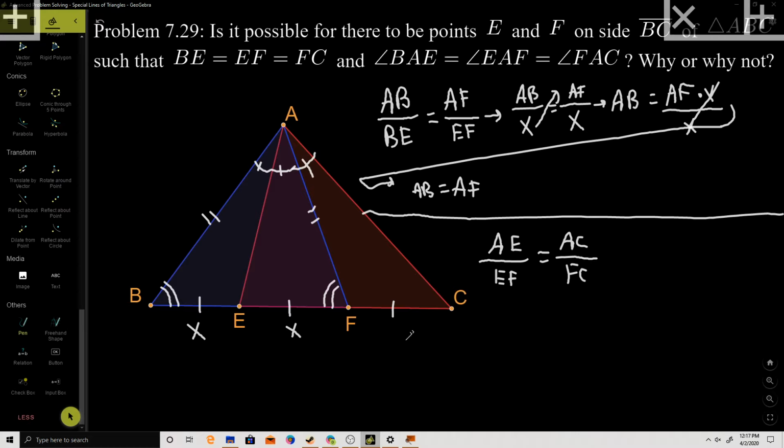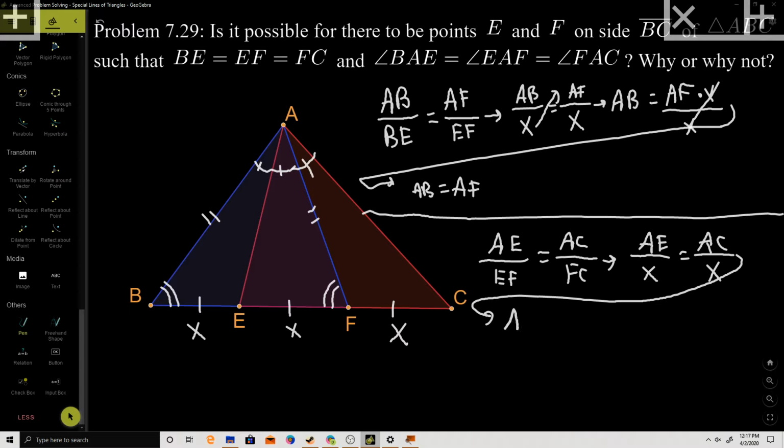And we should know FC is the same thing as X, so we can rewrite it like we did last time. We have AE over EF is X equals AC over X. And I'm not going to write out all the math, but you see it's the same thing as last time.